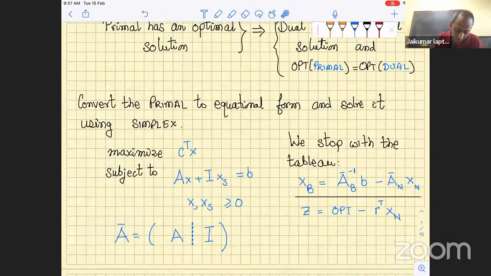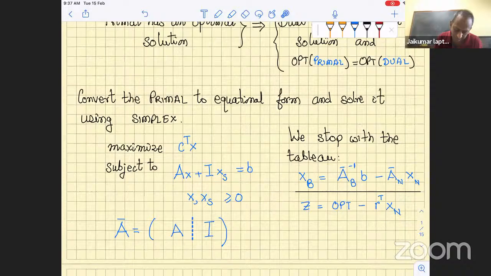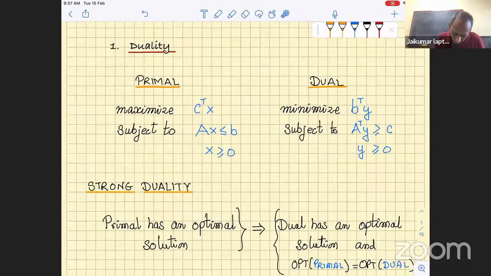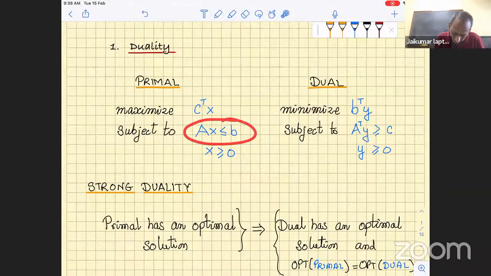So what would we do in the simplex method? Because we have learned the simplex method only for the equational form, we would first add some slack variables and write this inequality as an equality.